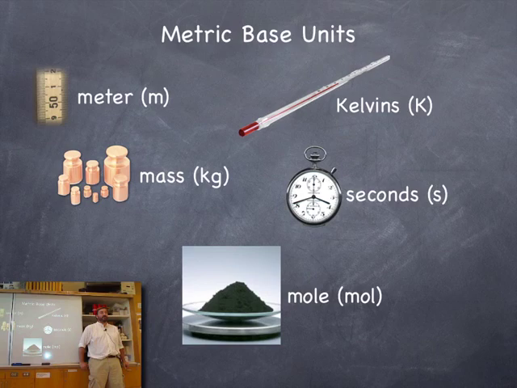What if I said a gross? A gross is actually 144 something. There are words that represent groupings of numbers of things. So, a mole is 6.022 times 10 to the 23rd objects, things.